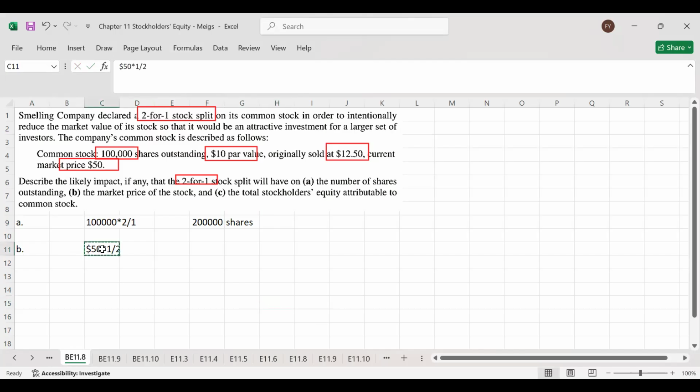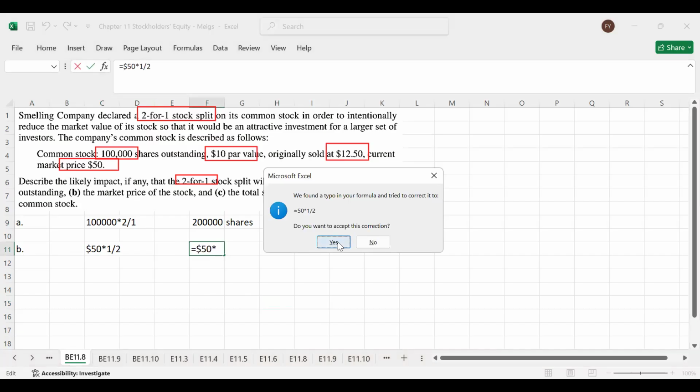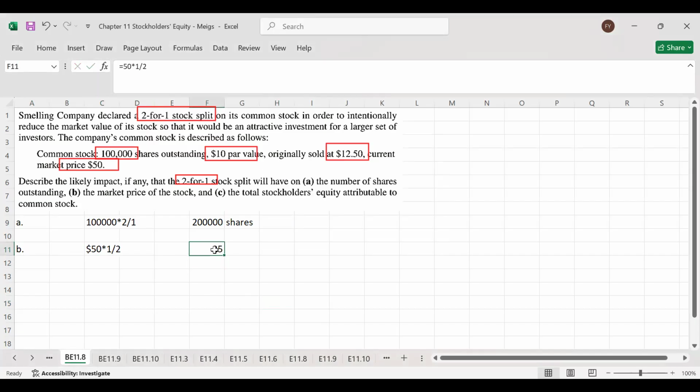So the impact on market price would be $25. You can write it this way: the market price would be $25 per share after stock split.